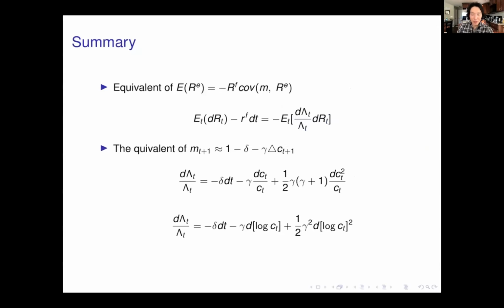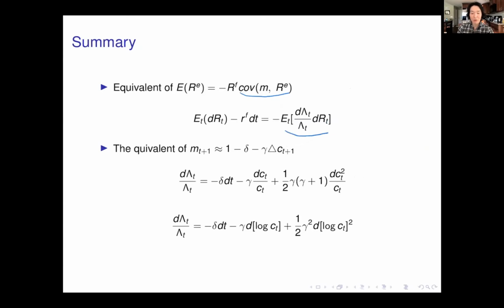Now, there's also another analogy similar to the discrete time case. In the discrete time case, the excess return on a financial asset is basically determined by the covariance of the return on the asset and the stochastic discount factor. And we have something similar in the continuous time case.